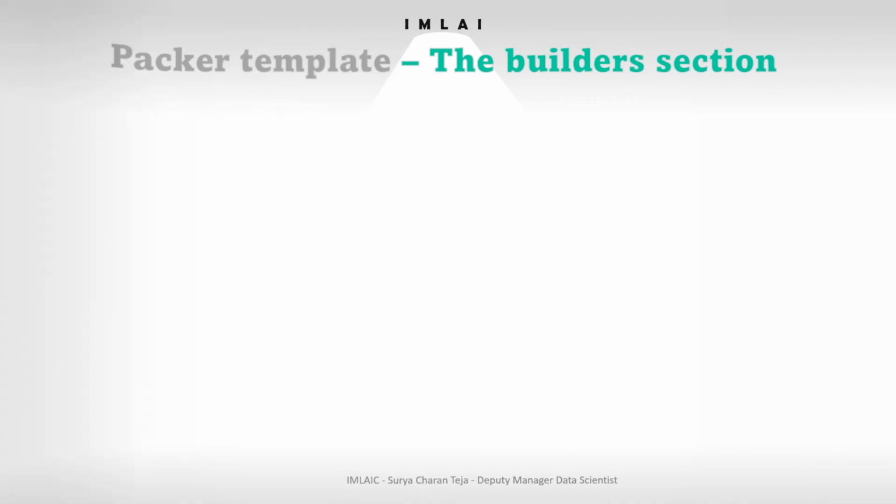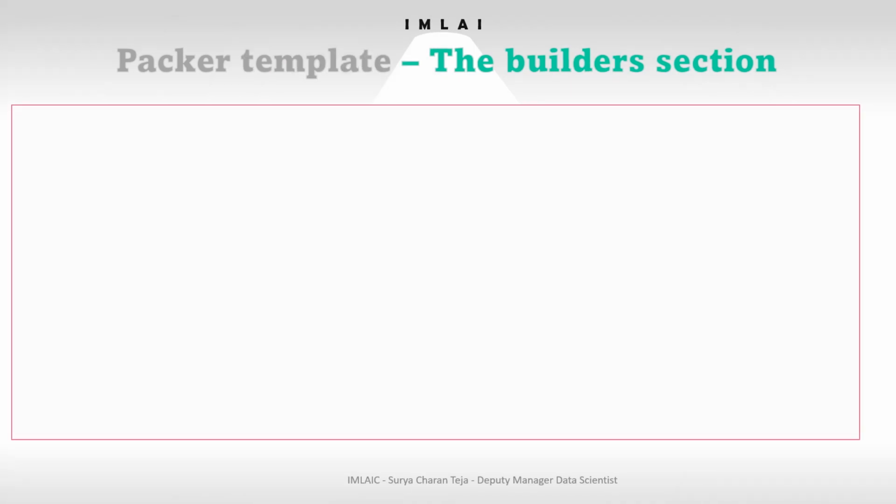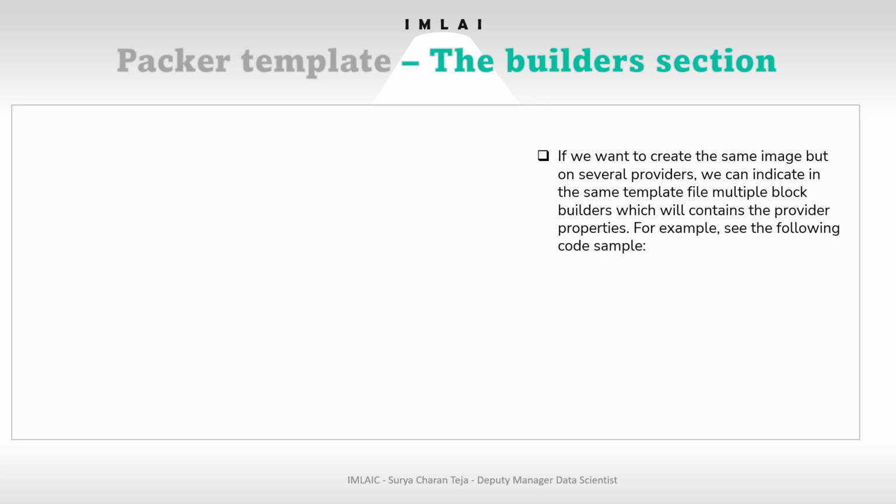Now let's continue with the builders section itself. If we want to create the same image but on several providers, we use multiple builders. We can indicate in the same template file multiple builder blocks.